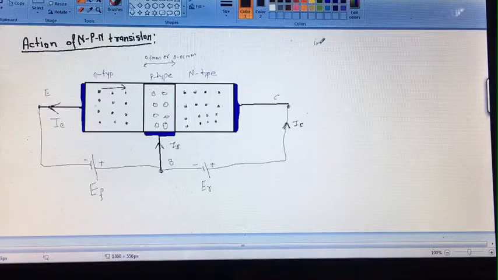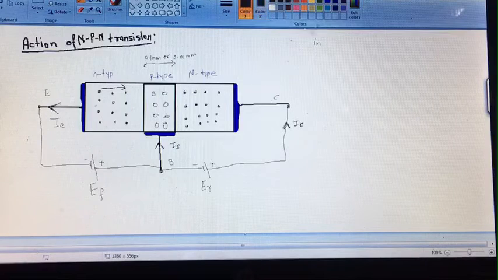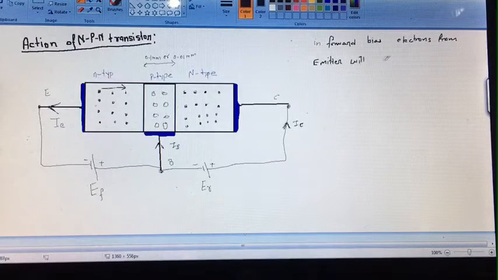In forward bias, electrons from the emitter will move towards the collector.